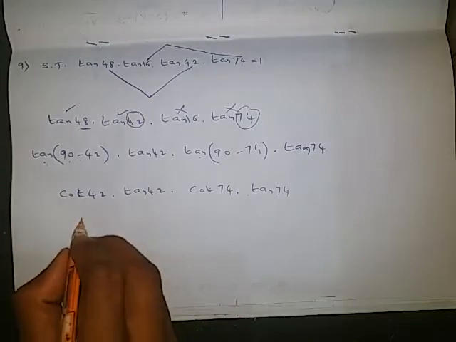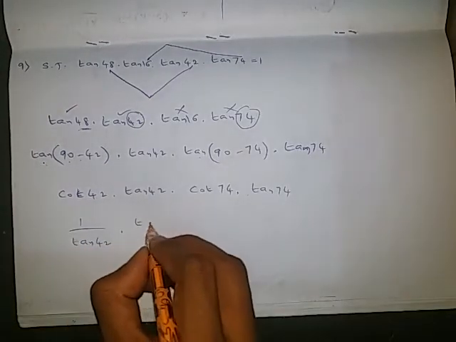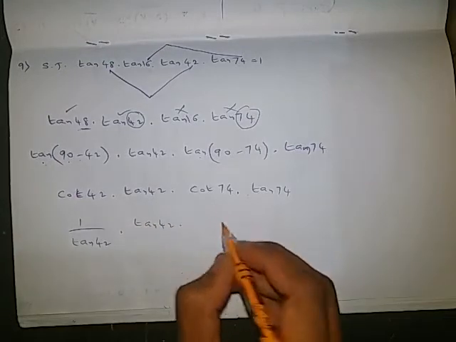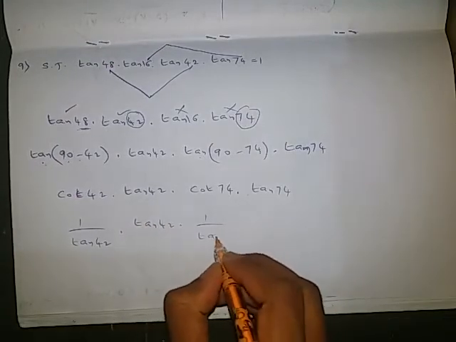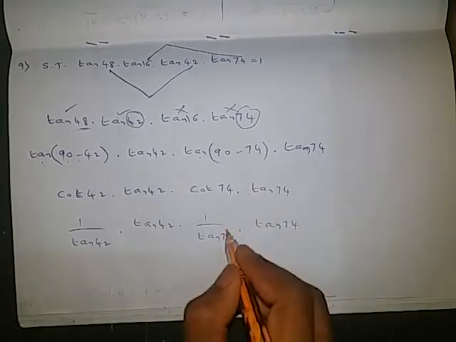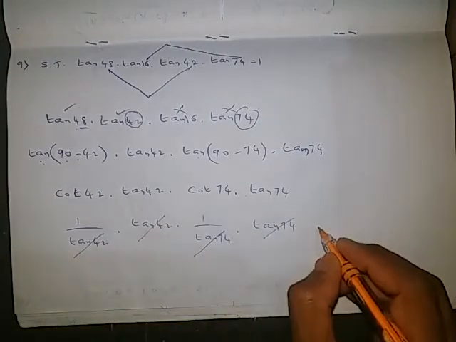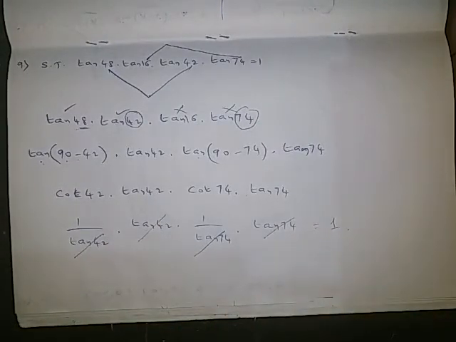Here cot 42 can be written as 1 by tan 42, into tan 42, into cot 74 written as 1 by tan 74, into tan 74. Here tan 74 cancels, tan 42 cancels, so we remain with the answer 1. Hence proved.